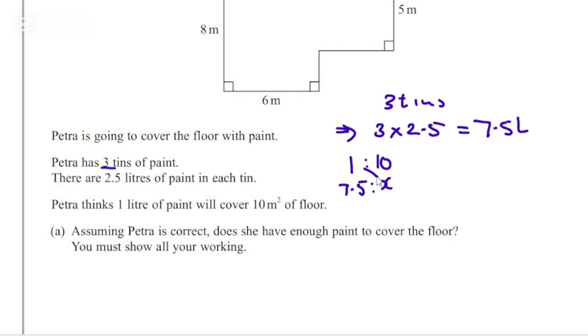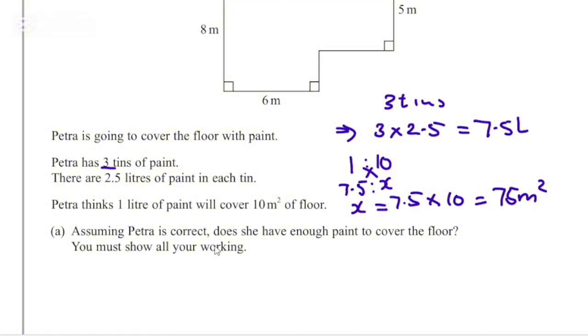So we cross multiply. 1 times x will be x is equal to 7.5 times 10, which gives 75 square meters. All right. So this amount of paint can only paint 75 square meters of this floor.